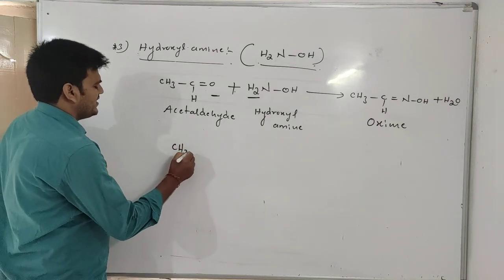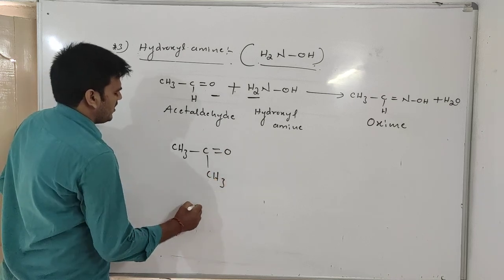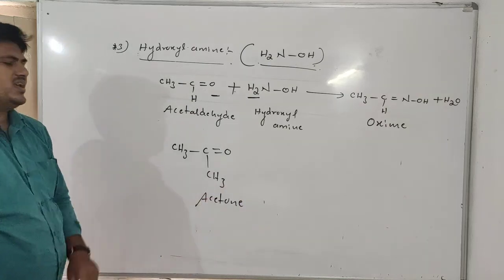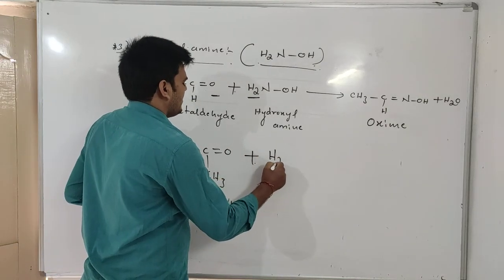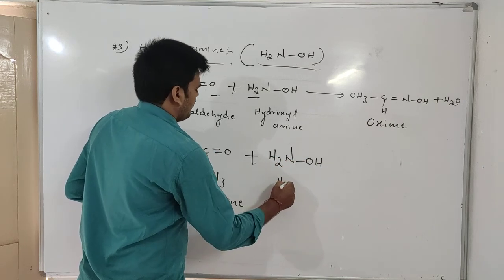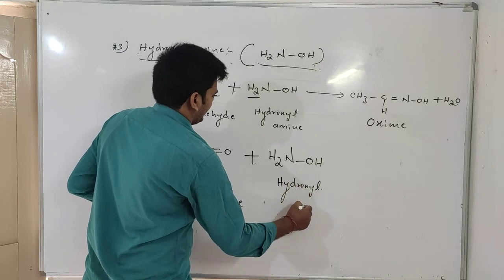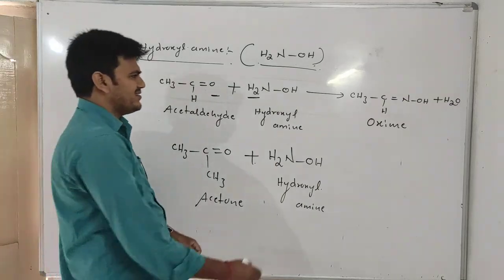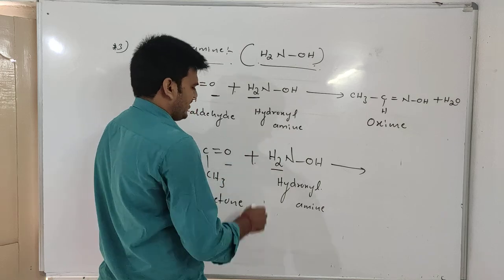Next one, acetone. Acetone formula CH3C=O CH3, one of the carbonyl compounds, plus hydroxylamine, the same H2N-OH. So very simple, the same answer: H2 plus an oxygen atom, H2O.